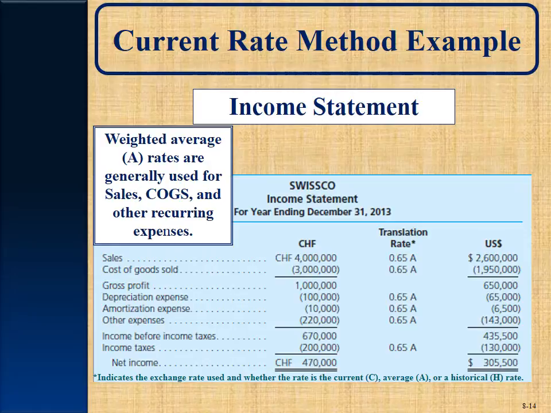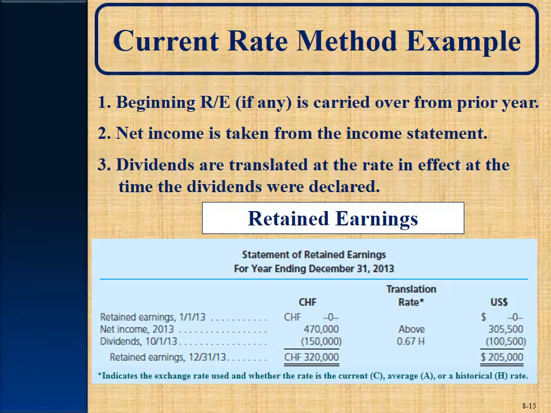Everything's used for the average. Now, the next financial statement we're going to convert is the statement of retained earnings. That is converted a little differently. It starts at 1/1 of 2013 because it's a brand new company at 0 retained earnings. Net income is determined from above. So whatever you got from your income statement translation is what you put into net income.